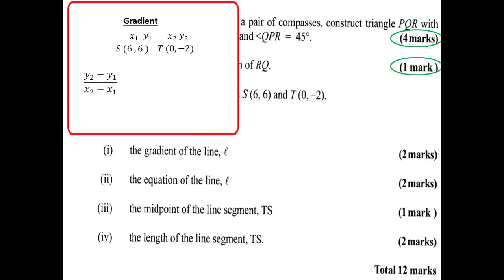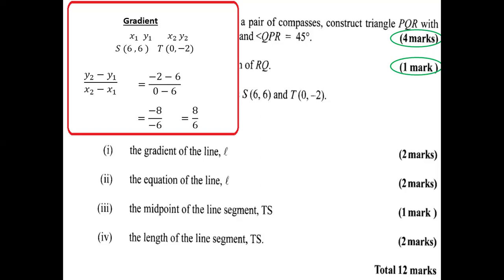We always say that the gradient is the ratio rise over the run. And all we do is put in the respective numbers in the formula. So Y2 is -2 minus Y1, which is 6. And X2 is 0 minus 6, which is X1. And then -2 minus 6 is -8, and 0 minus 6 is -6.